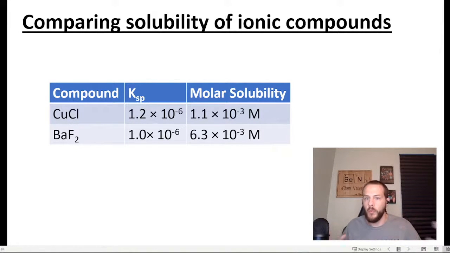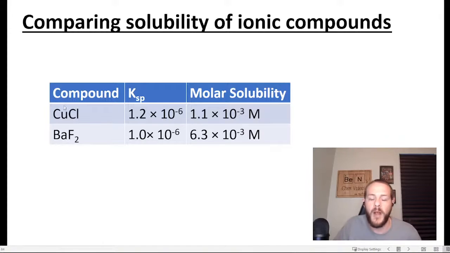What properties could we compare to accurately assess the solubility of two ionic compounds? Well, here we have two ionic compounds: copper 1 chloride and barium fluoride, the one that we were looking at a few moments ago. Their values of Ksp are shown and their molar solubilities are also shown.